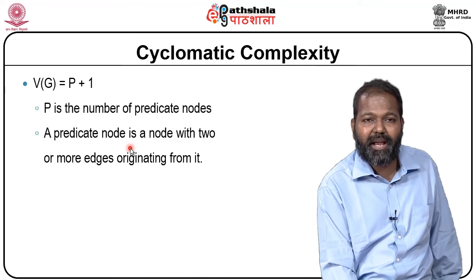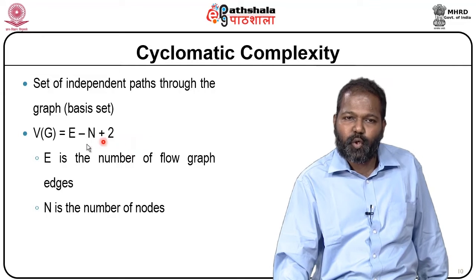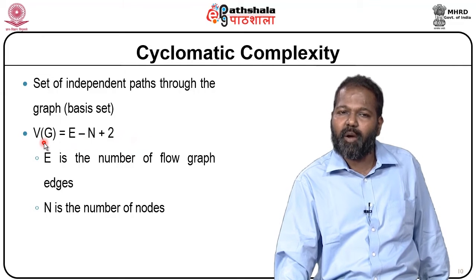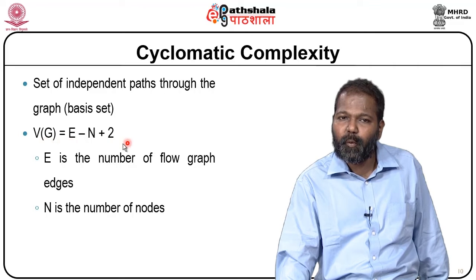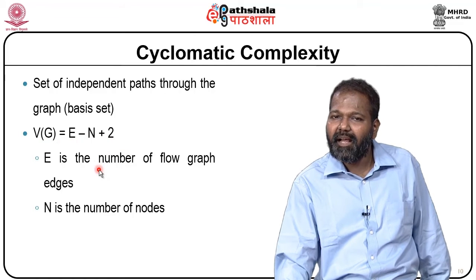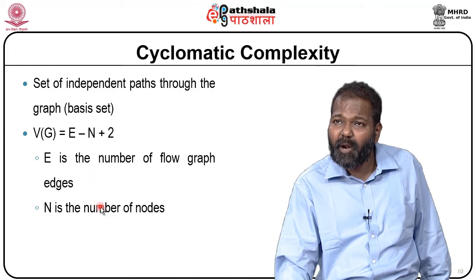The first equation through which you can compute cyclomatic complexity is V of g equal to E minus n plus 2, where E is the number of flow graph edges, n is the number of nodes.